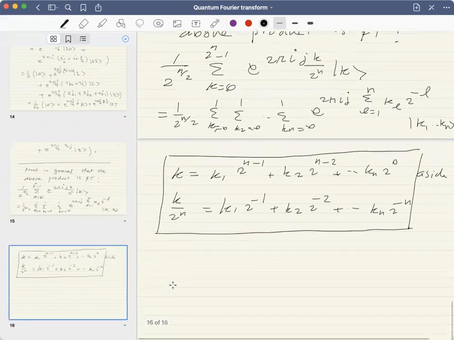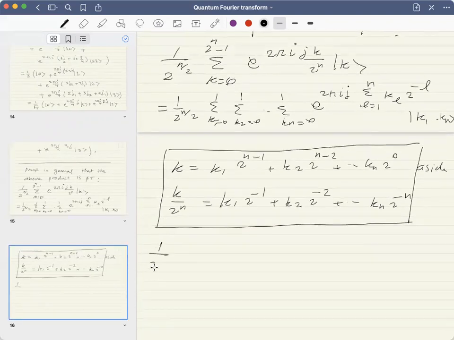So therefore, we can write this expression 2 to the n over 2, sum over k equals 0 to 2 to the n minus 1, e to the 2 pi i j k over 2 to the n, k. Now the exponential of a sum, right, is a product of exponentials.